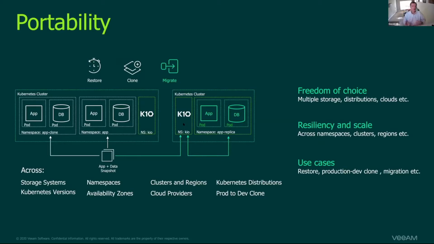Portability, while a lot of people don't expect that to be a best practice, is critical to being able to implement a successful Kubernetes solution. So you can leverage the portability of the nature of containers and move across different Kubernetes distributions, different availability zones, or even different storage systems.